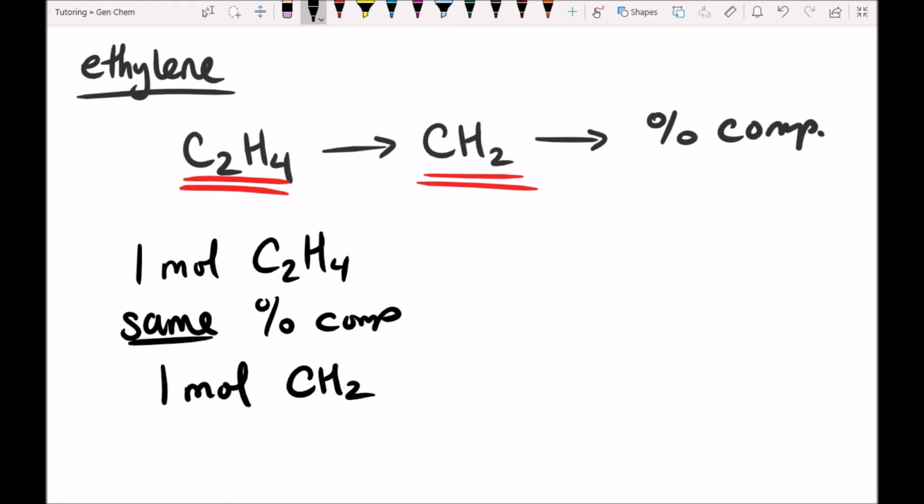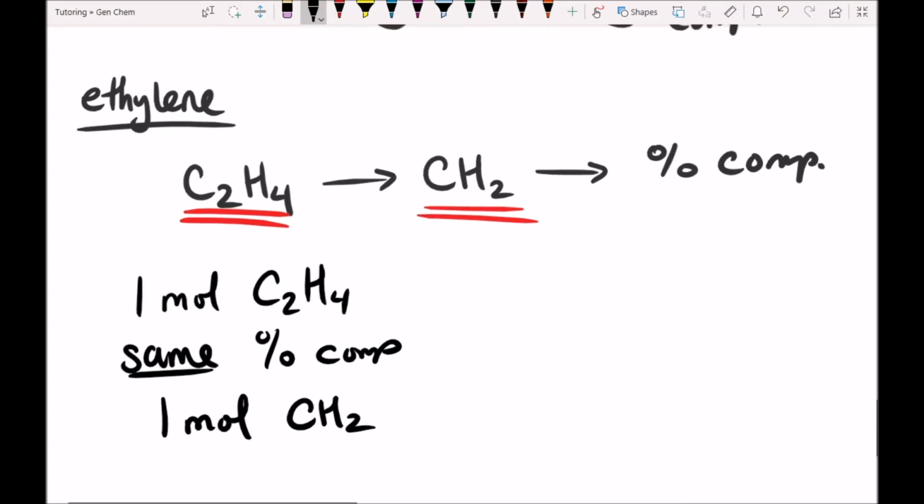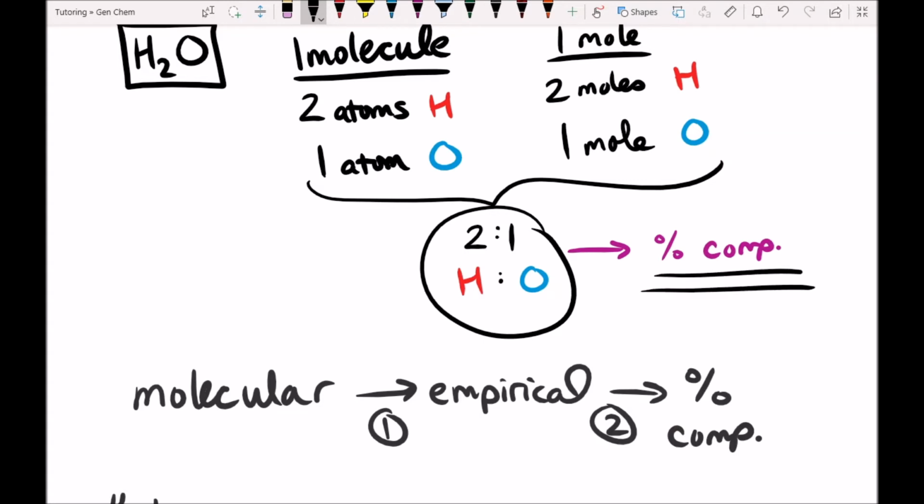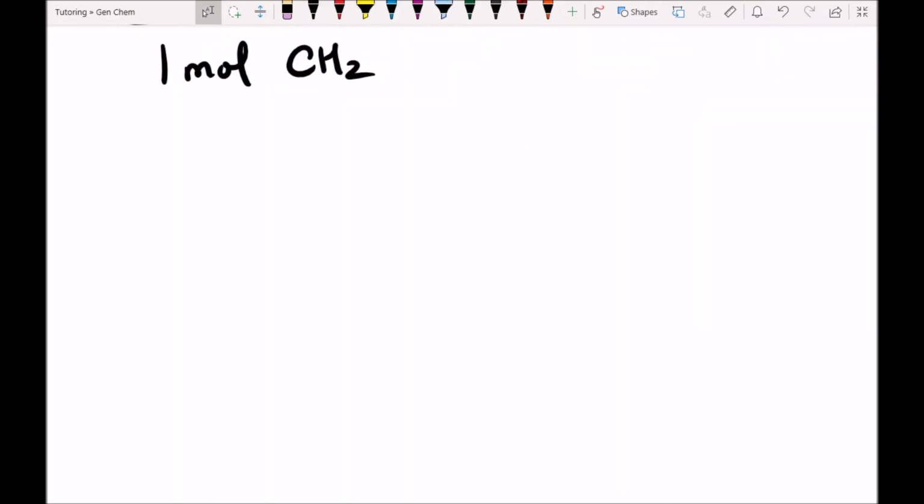We could say molecules, but we're going to be using the molar mass in just a minute. And we know that this 2:1 ratio, which is critical for finding the percent composition, is the same whether we're looking at molecules or moles. So we have 1 mole of CH2. We're going to calculate the mass of carbon and the mass of hydrogen within 1 mole of CH2.